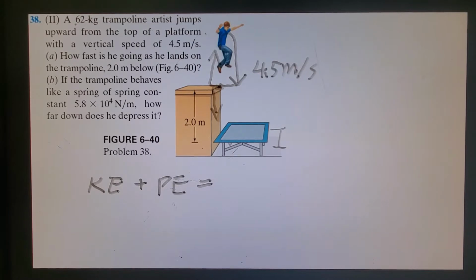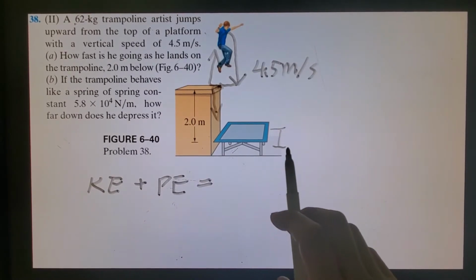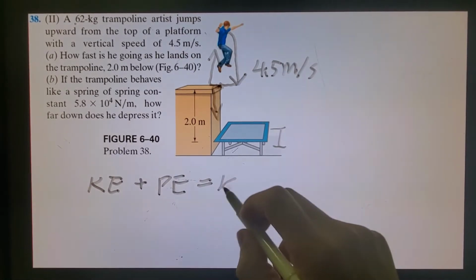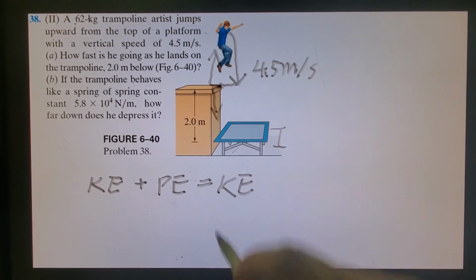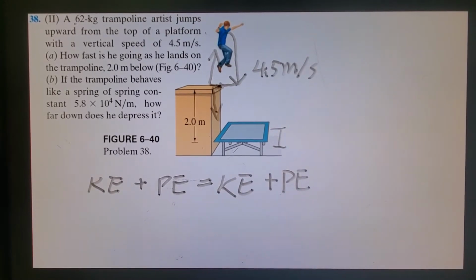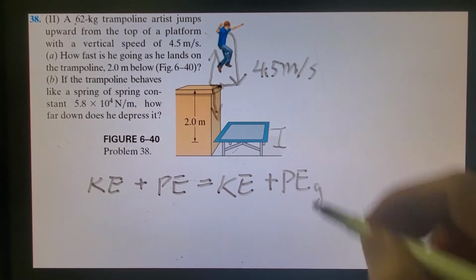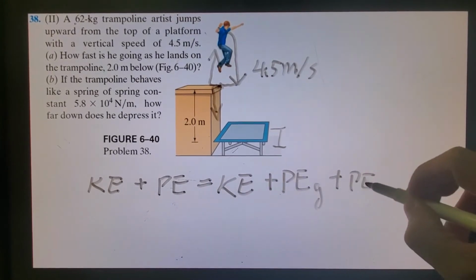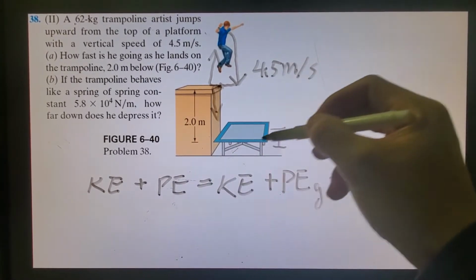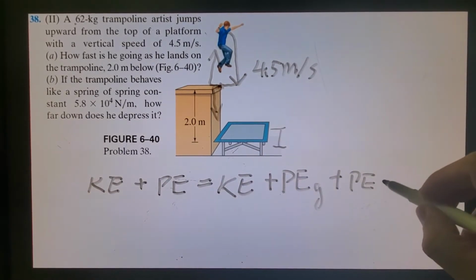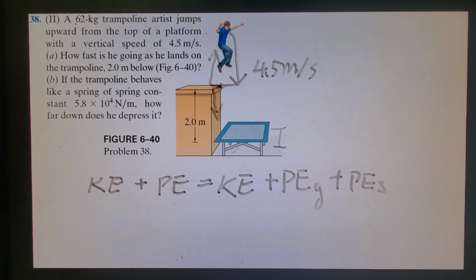So at the end, when he stopped, what will happen? He converts all the kinetic energy. There will be potential energy due to gravity, and there will also be potential energy due to the trampoline, because we can treat the trampoline as a spring.